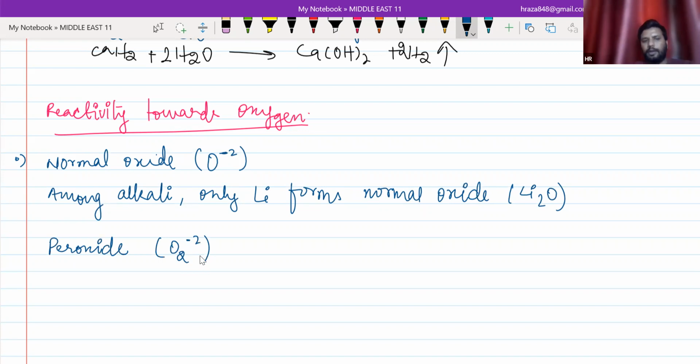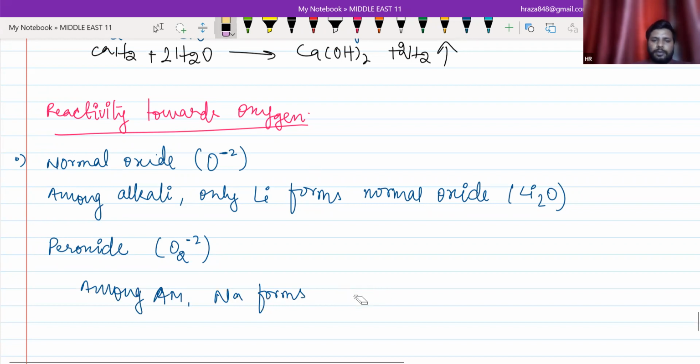That means there are two oxygens sharing a -2 charge, so one oxygen will have 1 electron. So among alkali metals, sodium forms peroxide, Na2O2.